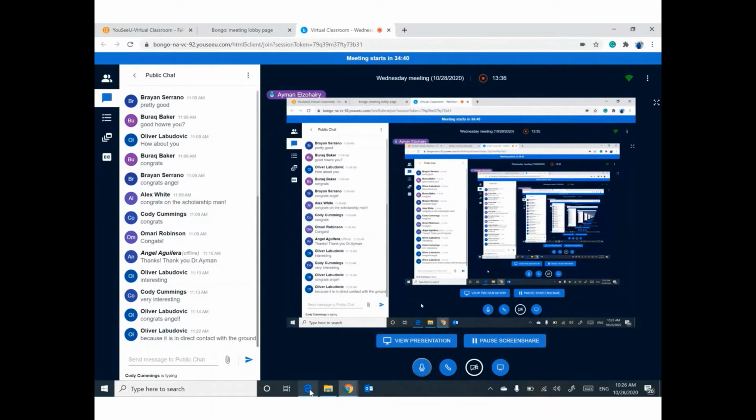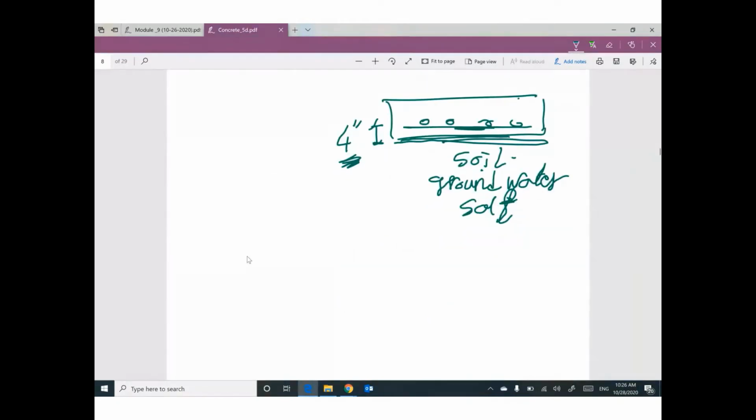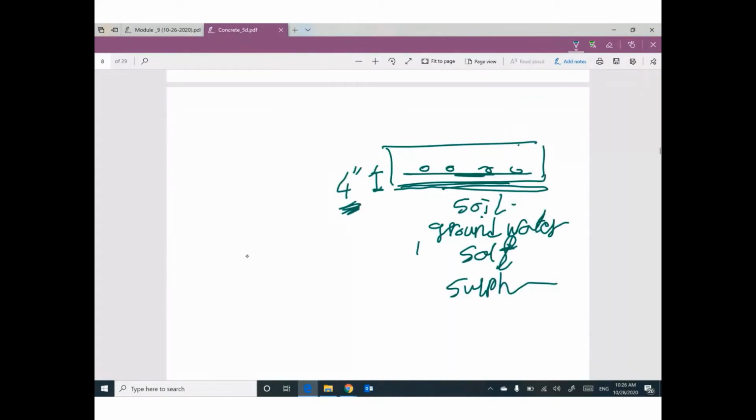This concrete has a direct contact with soil, and this soil has sometimes groundwater, sometimes has salt, sometimes has sulfate. So we can expect attack to the reinforcement.